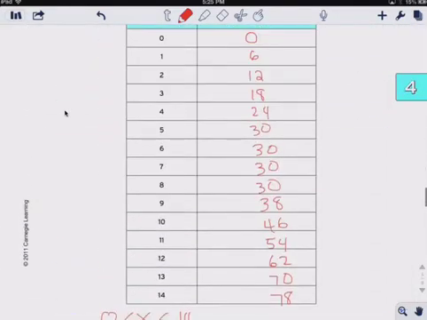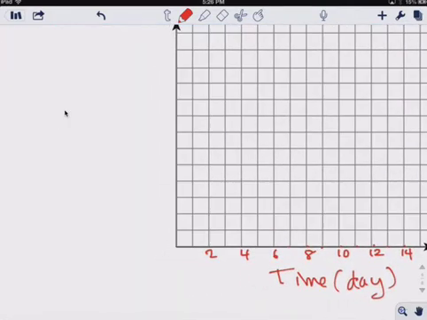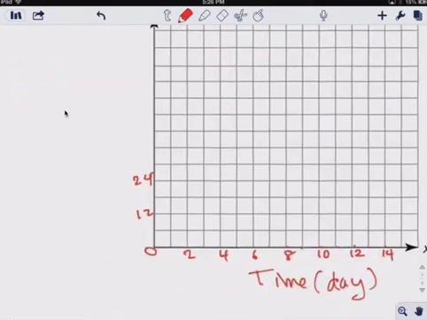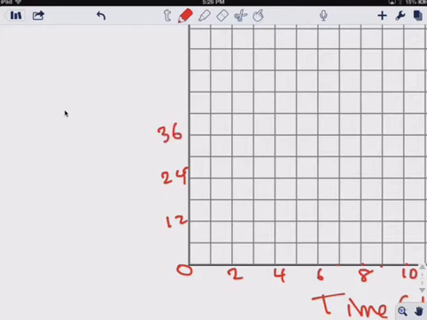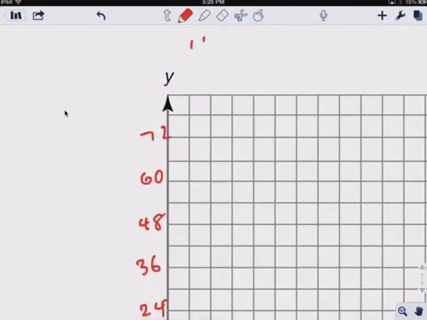Okay, now cookies sold is 0 to 78. We're going to go up by 6 first and then we'll see what happens. 0, 6, 12, 18, 24, 30, 36, 42, 48, 54, 60, 66, 72, 78, 84.